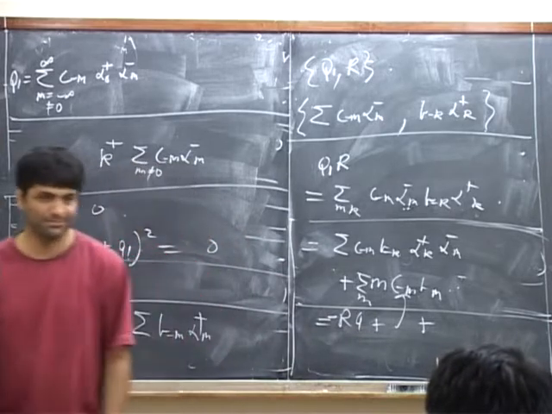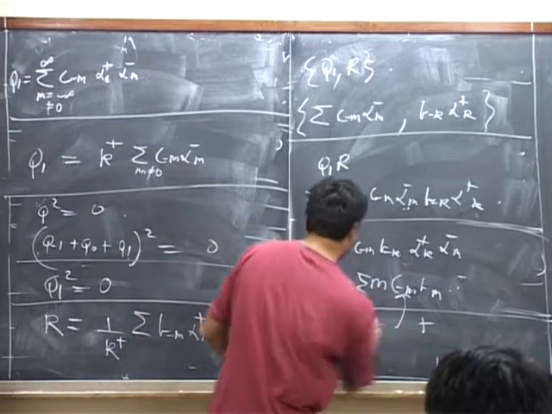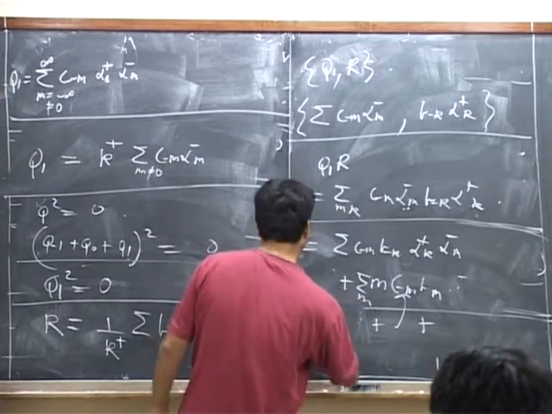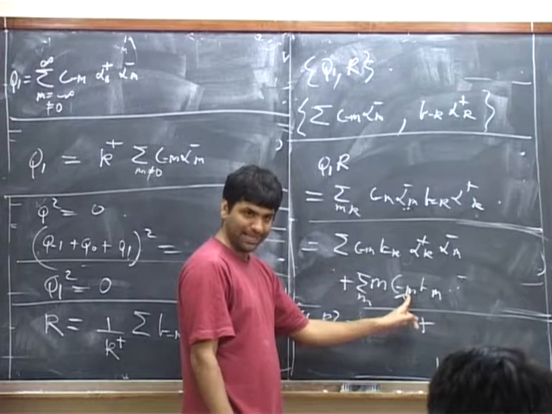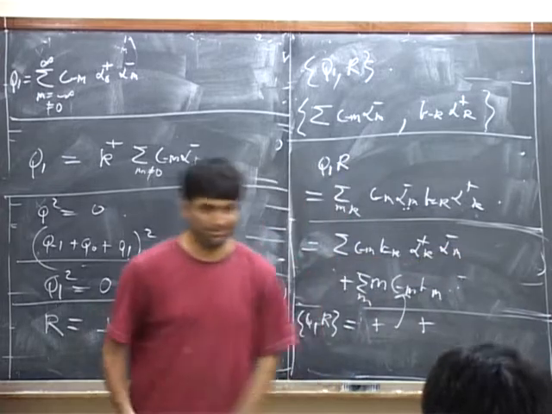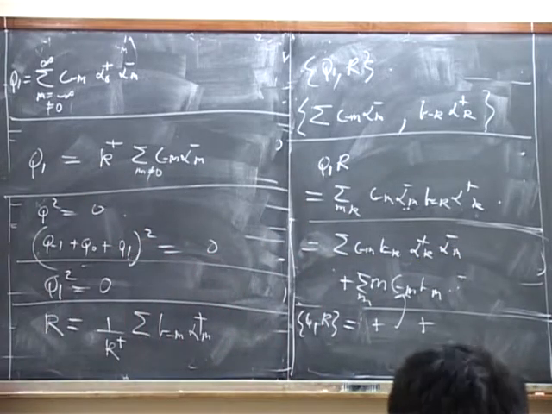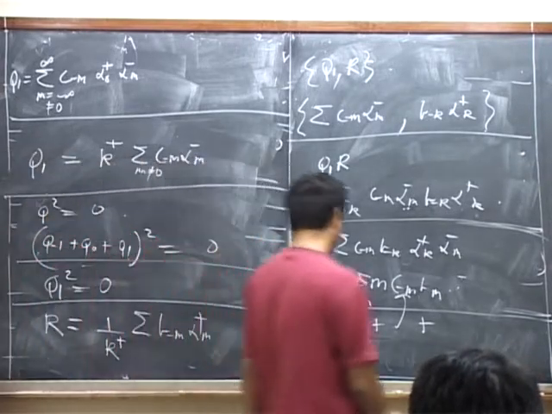So we have that Q commutator R is equal to this guy, plus what we get pulling this through, the anti-commutator of this C minus M and B minus K.